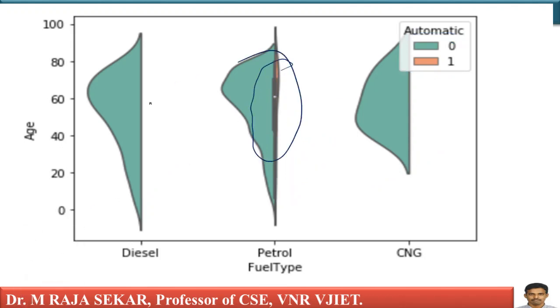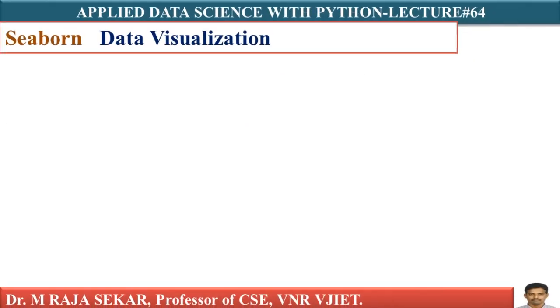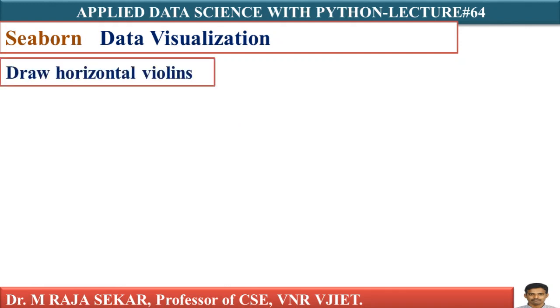This is the box plot, as it consists of automatic gear cars whose fuel is petrol. Therefore, it is constructing a box plot inside that violin plot. It may be straightforward, anybody can understand. It's nothing new. If you follow the previous lecture, it's simple and straightforward.